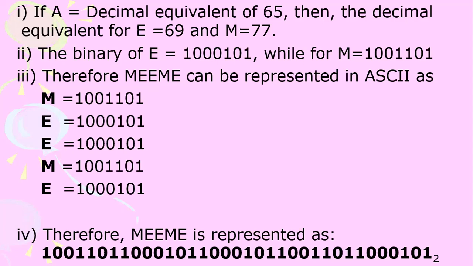Starting with the first letter M to the last letter E, you join those bits as follows: 100110110001011000101100110110001 01 in binary.